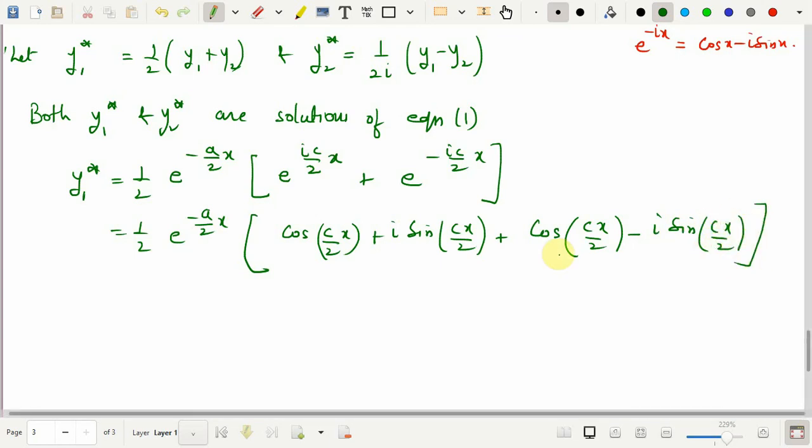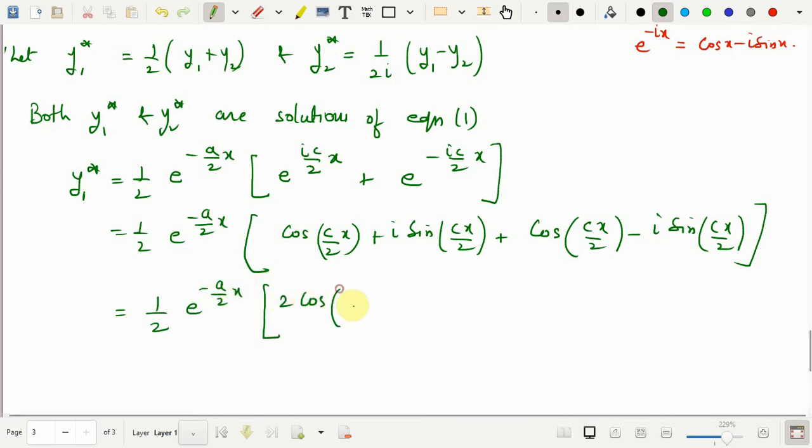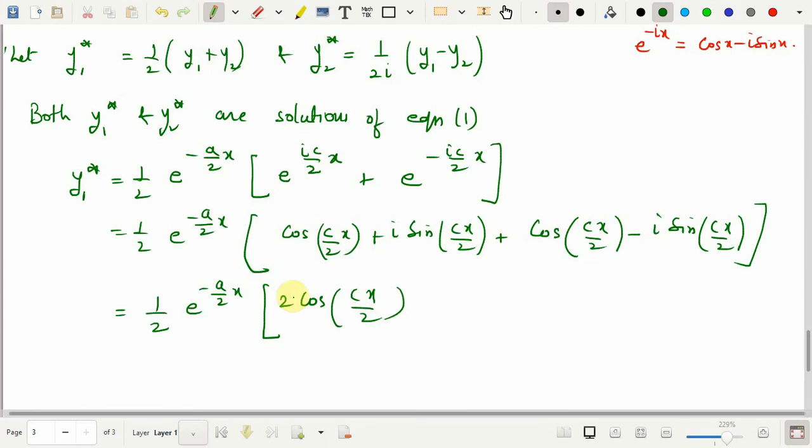You can see that the imaginary term gets cancelled and only cos remains inside. Similarly, when you see the subtraction y1 minus y2, you will have 2i sine cx by 2, but that 2i gets cancelled with this 2i, and so you get only the real solution.